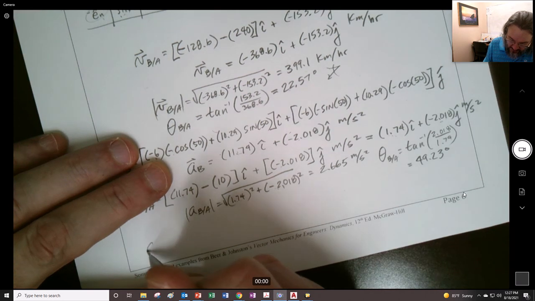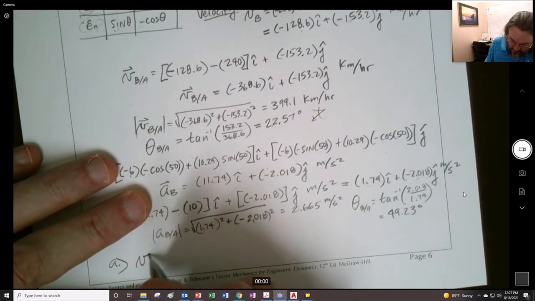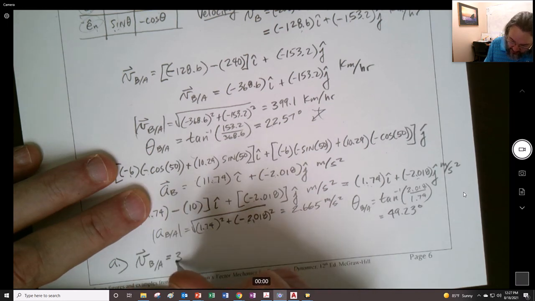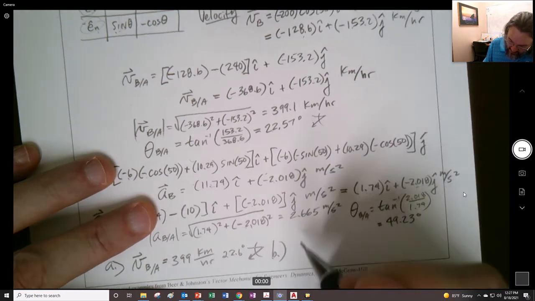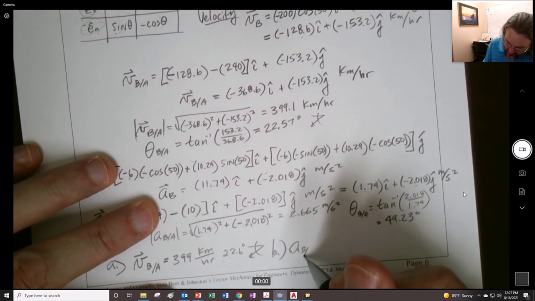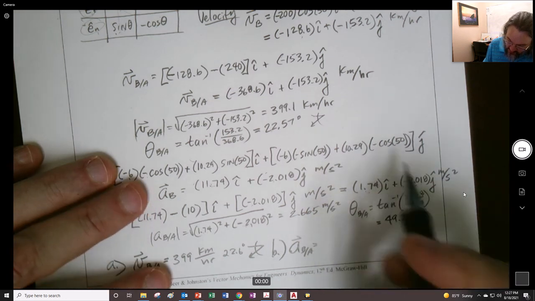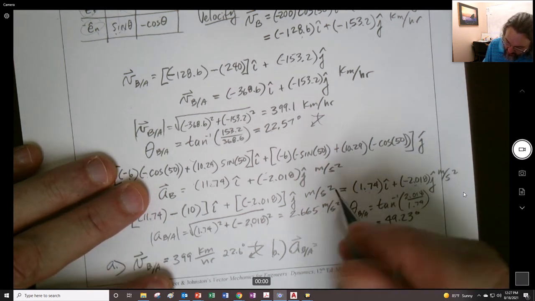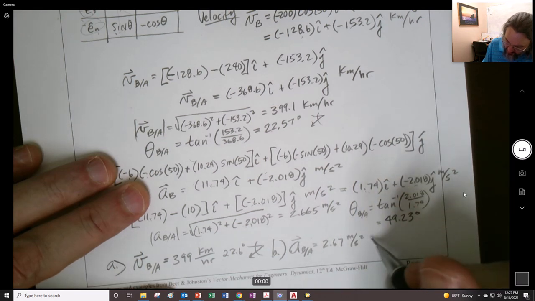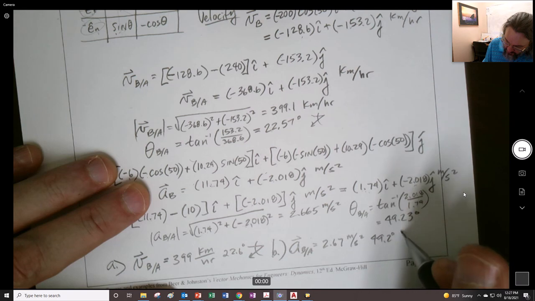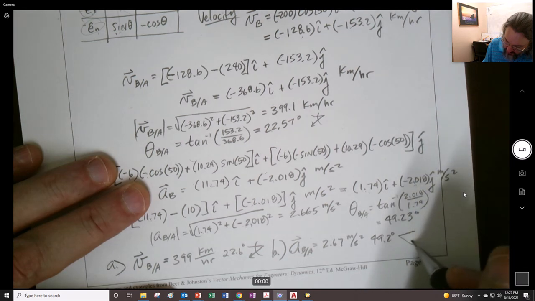Okay, so the answers are: the velocity of B with respect to A is equal to 399 kilometers per hour at 22.6 degrees in that quadrant, whereas the acceleration of B with respect to A is going to be 2.67 meters per second squared at 49.2 degrees, and that way.